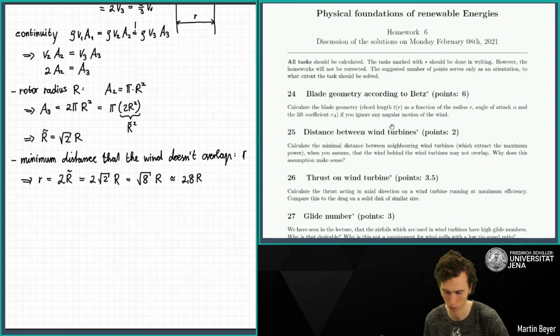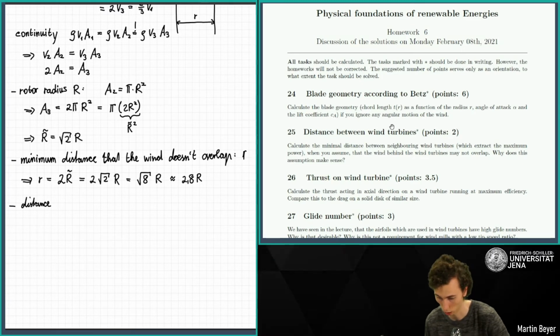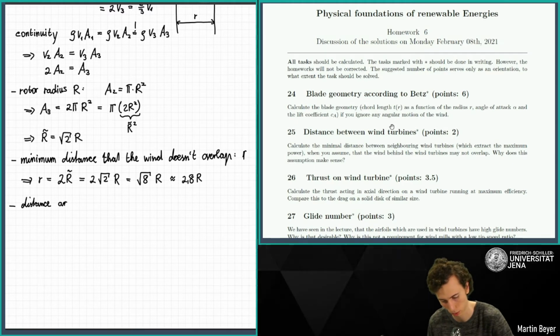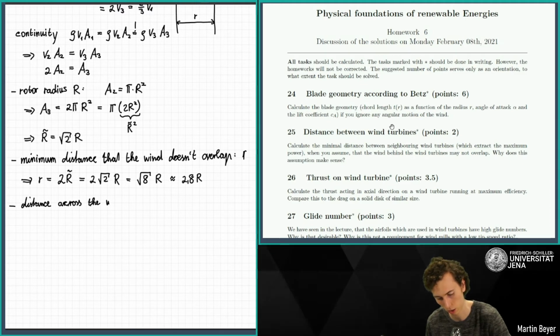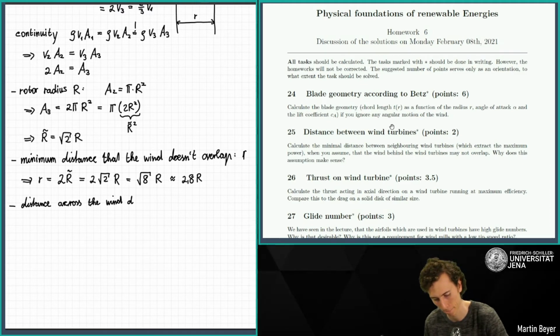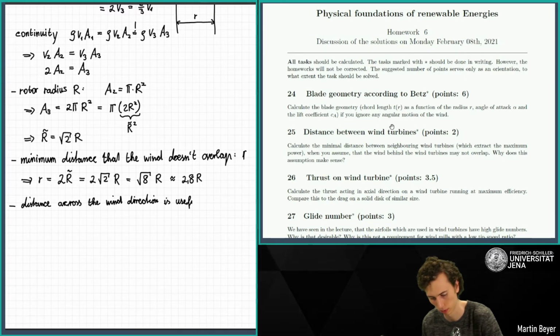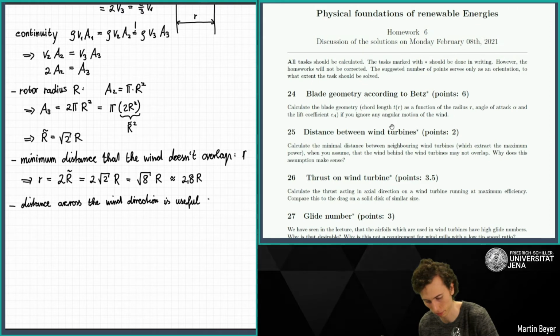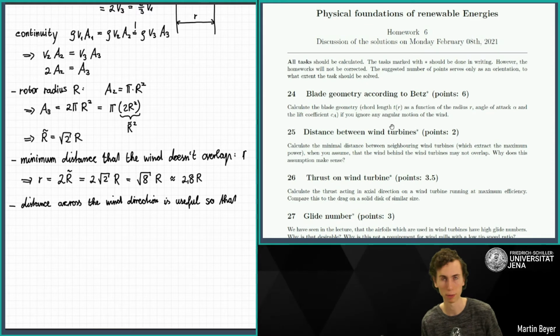So the distance across the wind direction, so perpendicular, is useful so that turbulence is not amplified.